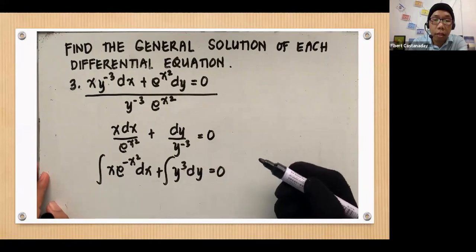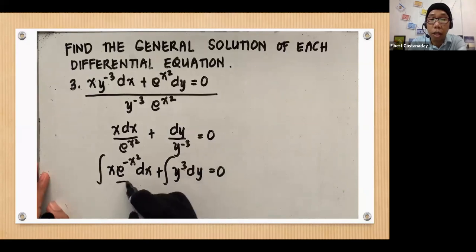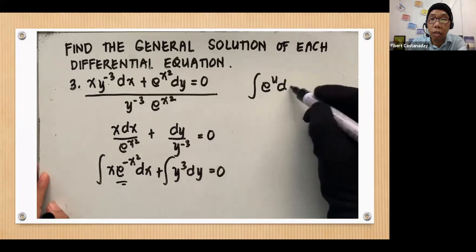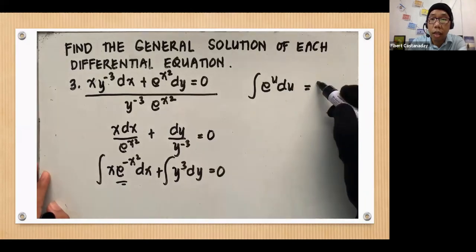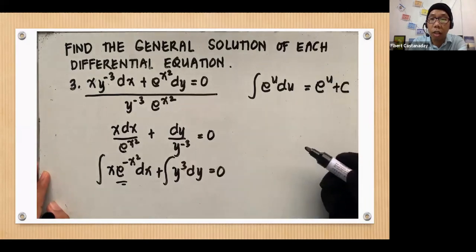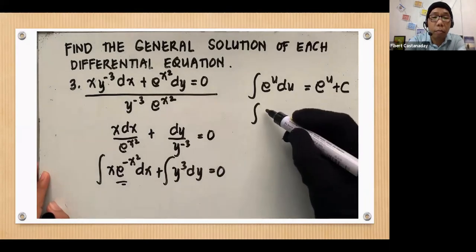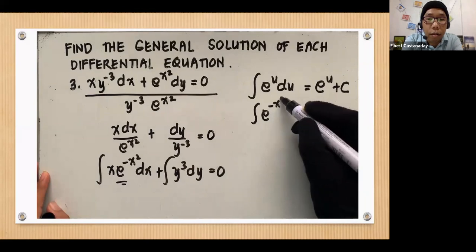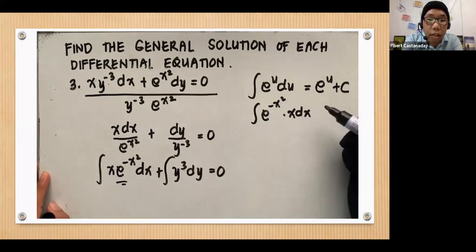So this first term involves exponential functions. Recall the formula for integrating exponential functions. Remember, the integral of e raised to u du is e raised to u, plus an arbitrary constant. Now looking at this given integrand, we have to arrange this one: e raised to minus x squared times x dx.